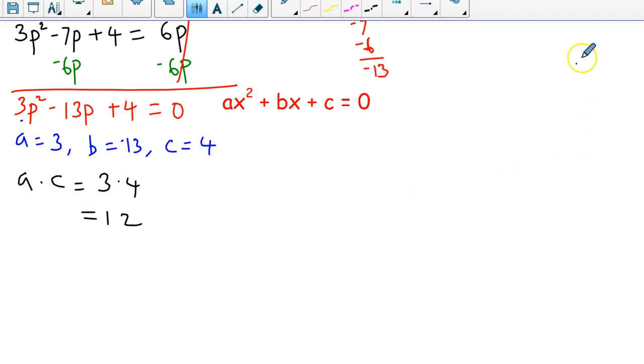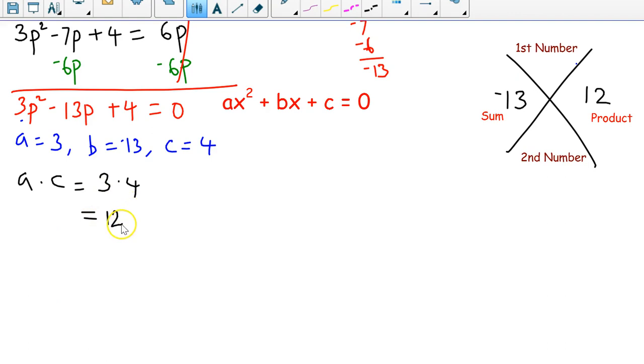So I'm looking for two numbers whose product is 12. That 12 is the product and the sum is negative 13. Find two numbers whose sum, that is adding the two numbers, should give you negative 13, and multiplication, the product, should be equal to 12.